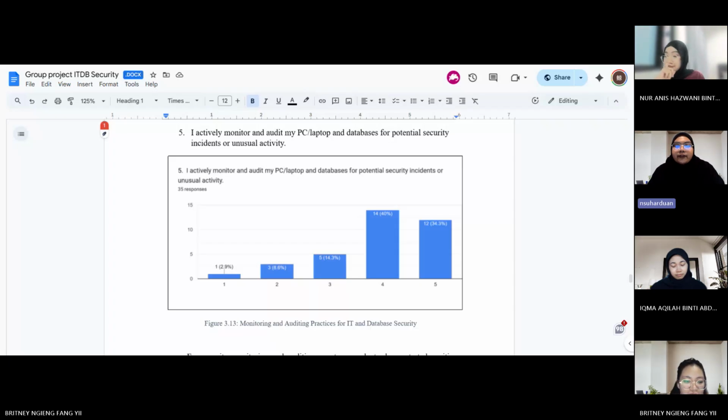Meanwhile, 14.3% were neutral and 11.5% disagree or strongly disagree. This shows that most respondents are proactive in detecting security incidents, but a small group may not consistently monitor their system, which could increase vulnerability to unnoticed security breaches.